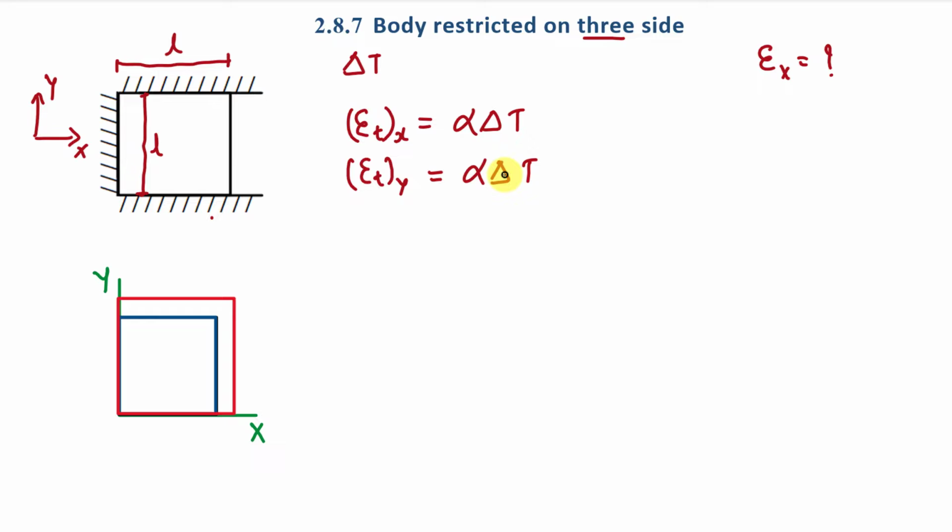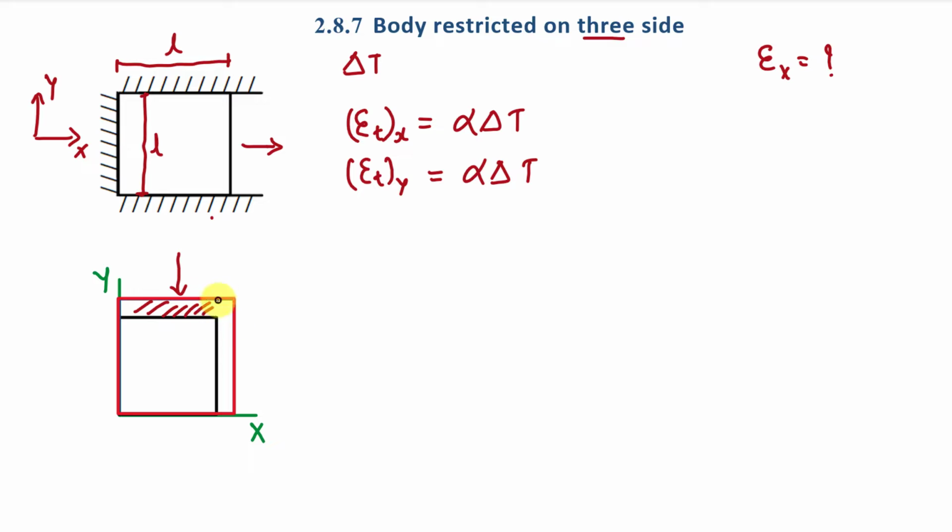earlier, right? And here we know that body is restricted on 3 sides, and it is only allowed to deform in x-axis in this direction. Means here this strain is not permittable. So we are going to apply compressive load in this direction, and we will deform this body up to its initial state.